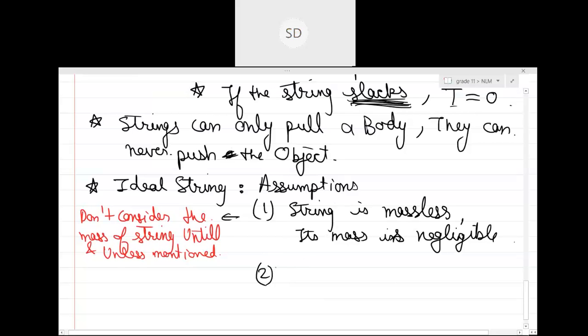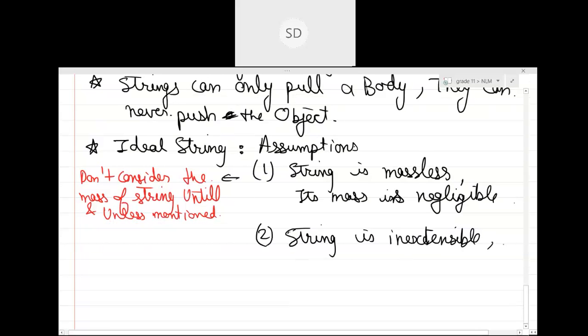Now the second assumption which we take is that the string is inextensible. That implies its length can't change. So no stretching, no compressing, okay?